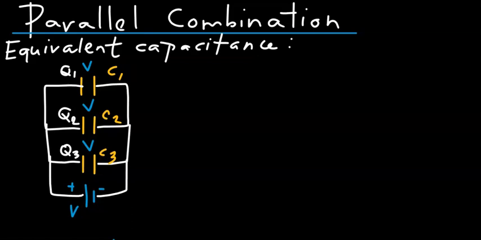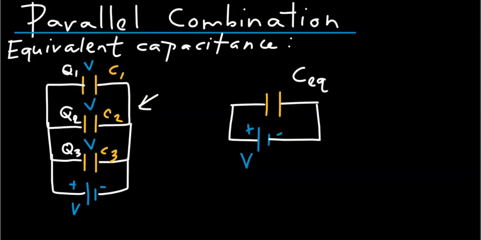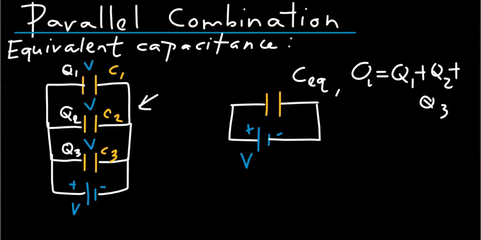What is an equivalent capacitance? Now let's assume that we have a single capacitor. Let's call the capacitance of this capacitor CEQ. And this capacitor carries the same amount of charge as this network when it's connected to a battery with the same voltage, namely V. So the charge on this CEQ capacitor is quite simply Q1 plus Q2 plus Q3, the same amount of charge as in this network.